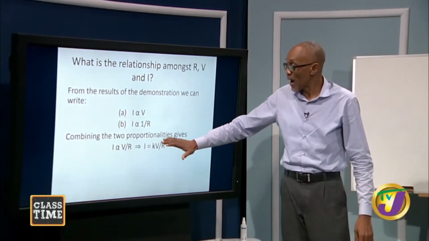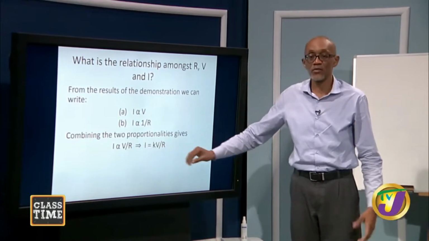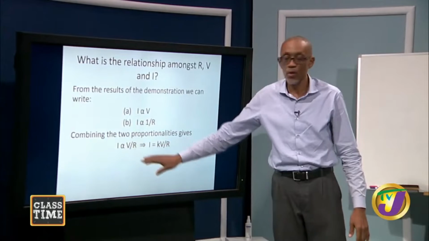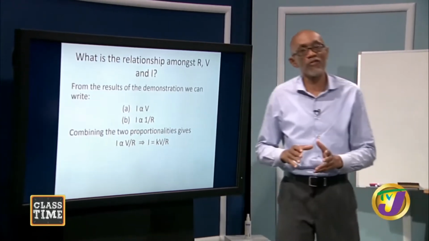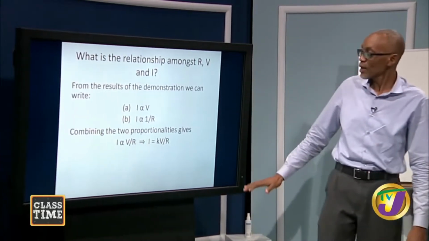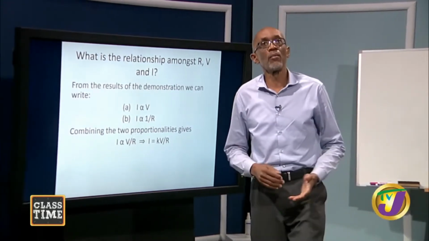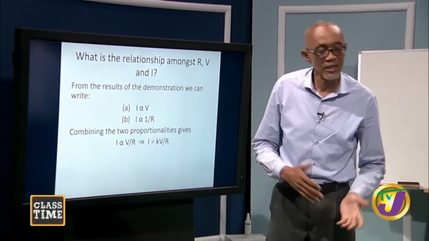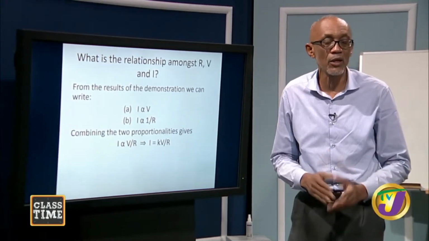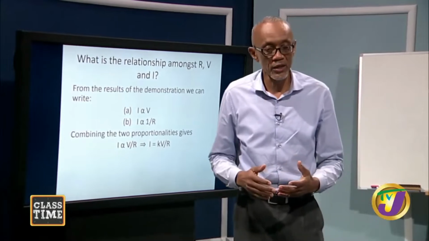We can now combine these two proportionalities. We combine them, and we get that current is proportional to potential difference divided by resistance. Now, I don't know if you remember force, mass and acceleration, because it's kind of similar in the way it is done.